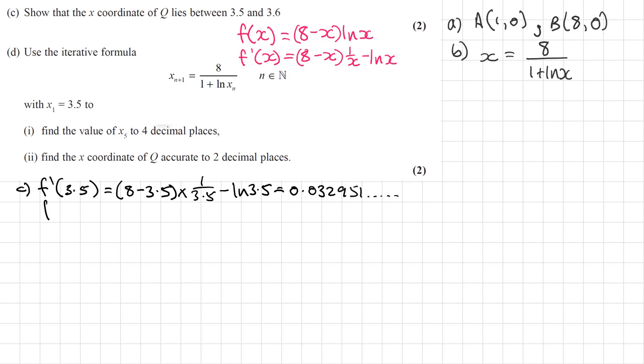Now I'm going to work out f dash of 3.6. So 8 minus 3.6 times 1 over 3.6 minus log 3.6. And I get negative 0.058711 and so on.